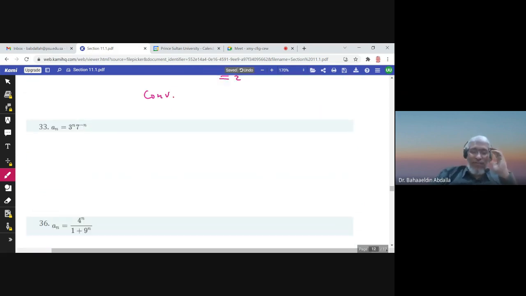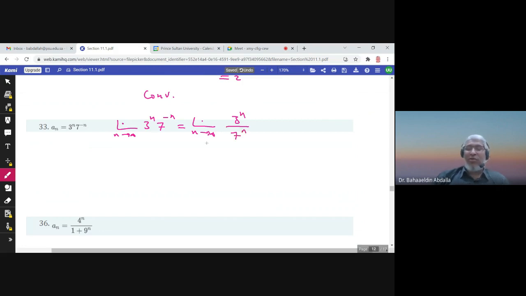Now here, how to think of this one? This is 7 to the power negative n. So to find the limit of 3 to the power n times 7 to the power negative n, it would be easier if I write it as 3 to the power n over 7 to the power n. This is negative n.